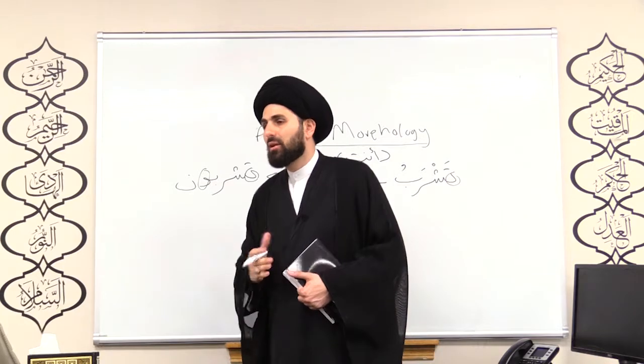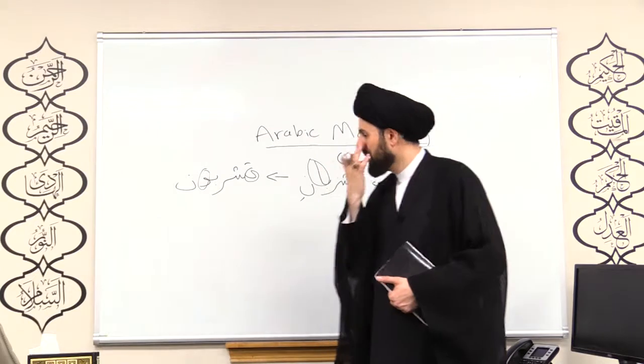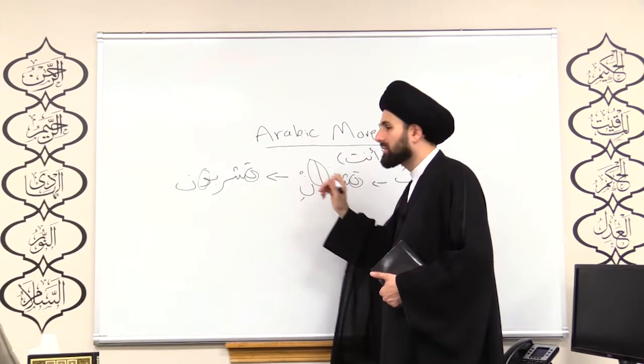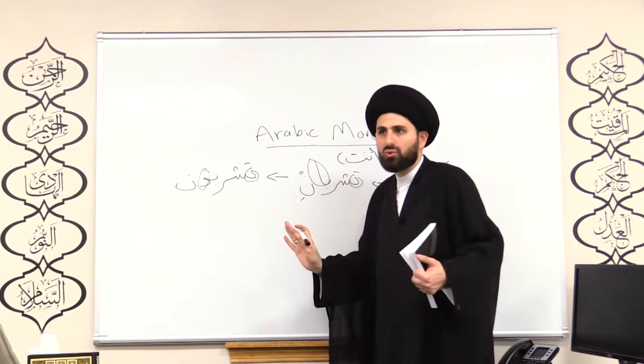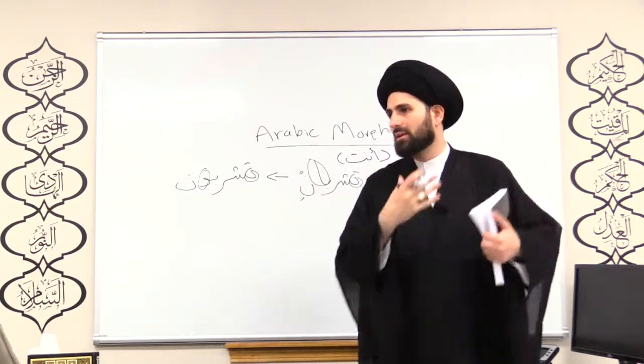So if you were to stop and say ya'kulan and then stop, yes, it would be a sukoon. But if you wanted to continue the statement, for example, الرجلان يأكلان الطعام, it would be a kasra. So originally, yes, it's a sukoon, but we put a kasra for the sake of flowing the sentence.